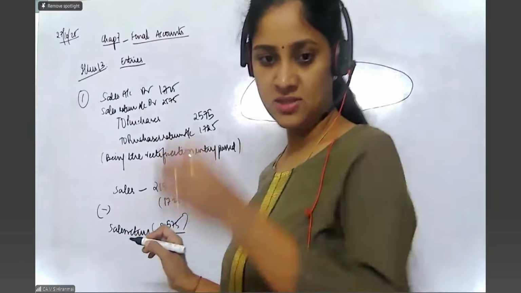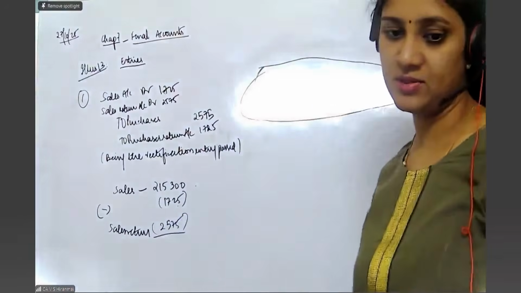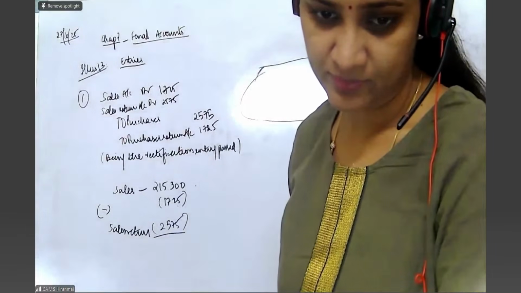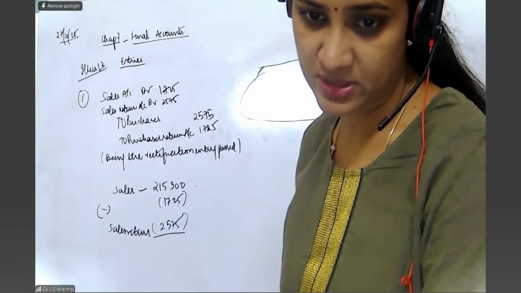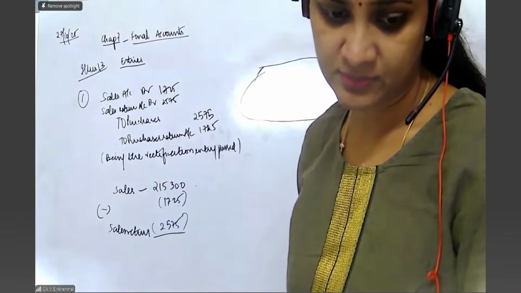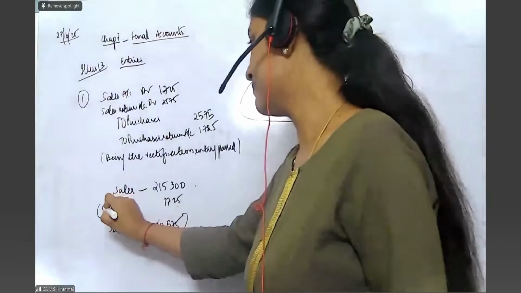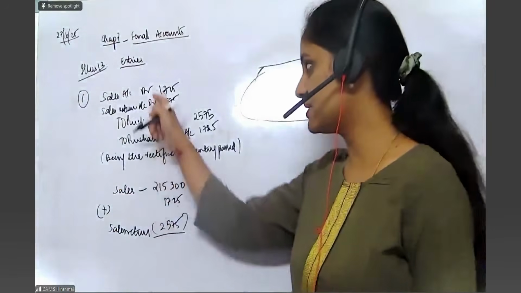What is the revised sales value after the rectification entries? Oh, I'm sorry, you are adding back this value and then subtracting this value. My dear students, please see here.